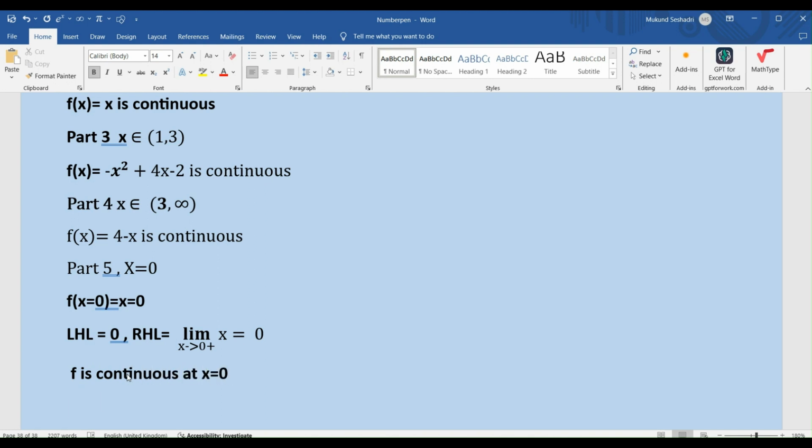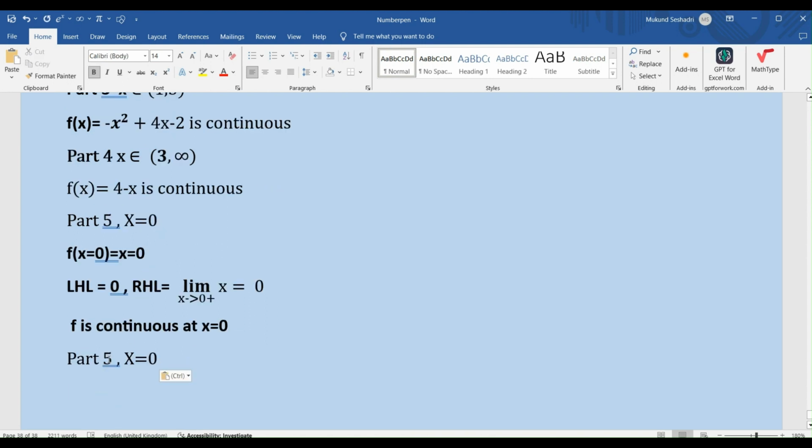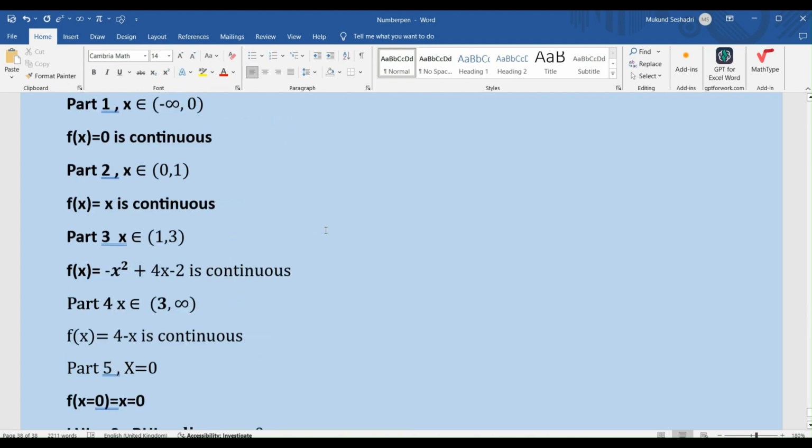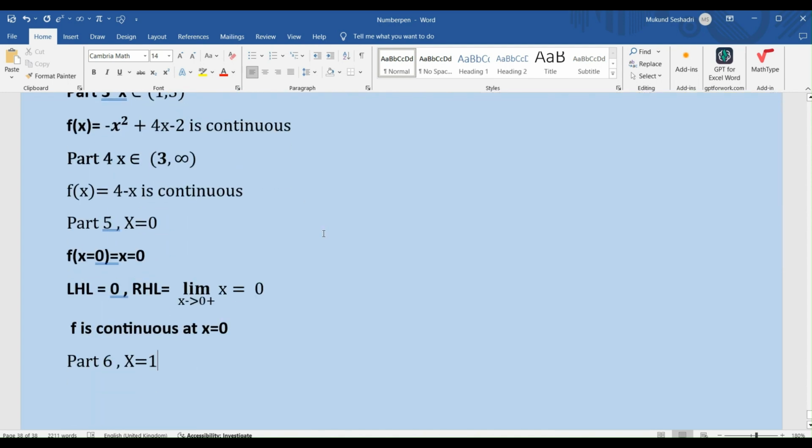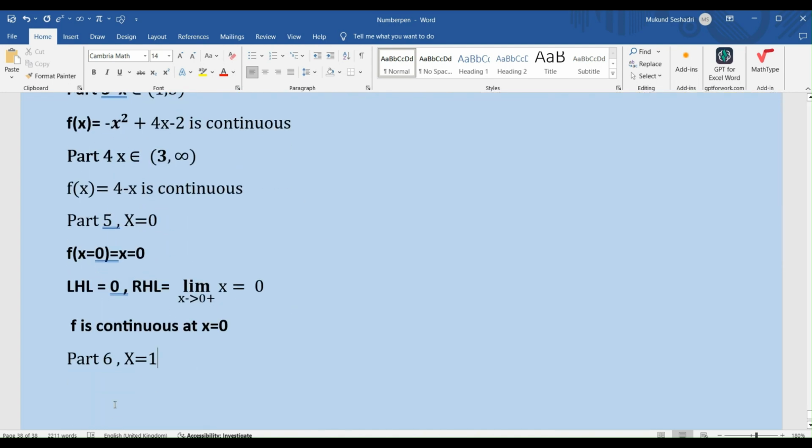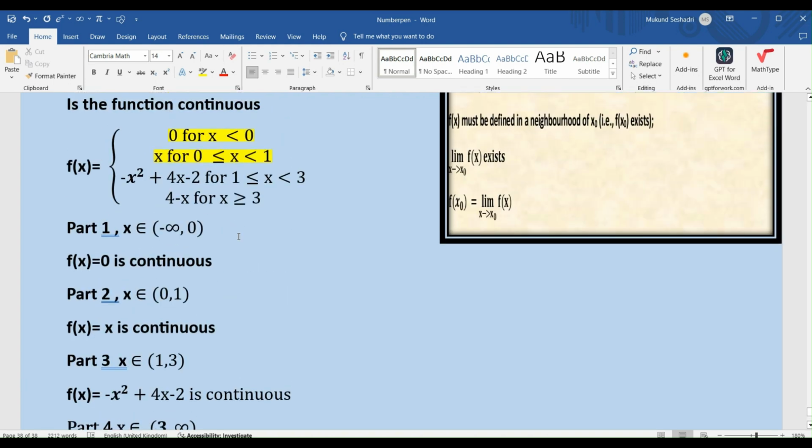So let's move to the next critical point, which is x equals 1, which is going to be my part 6. What is my f of x at x equals 1?